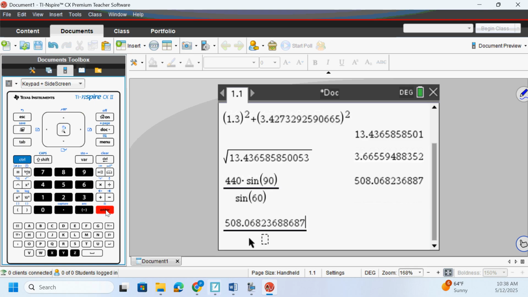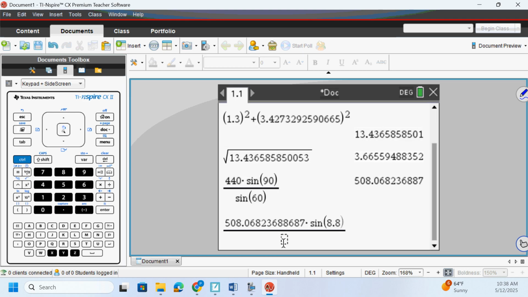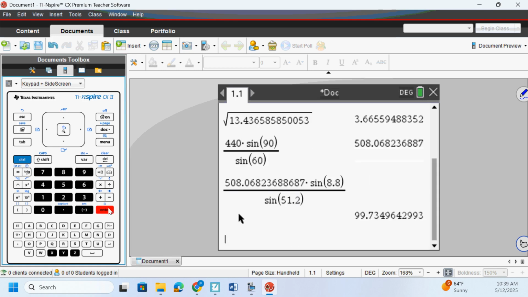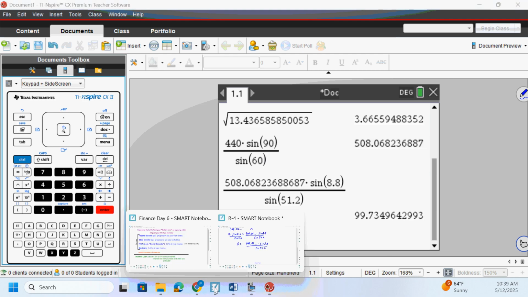I'm going to scroll up and get that whole answer there. We're going to do times the sine of the 8.8 over, then we had the sine of the 51.2. And so we get back 99.73 and change.